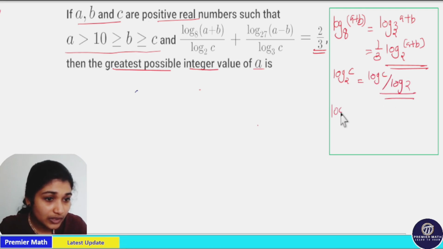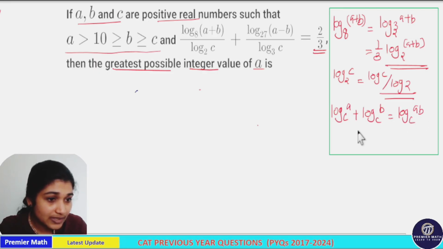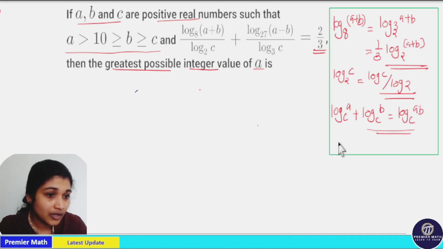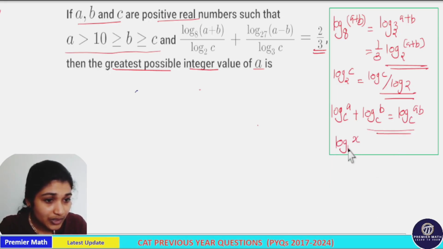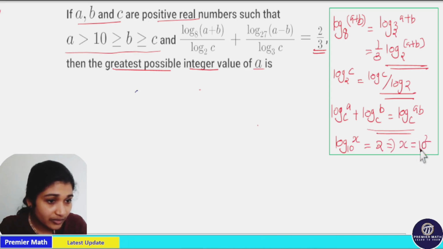Now one more thing, log A to the base C plus log B to the base C is equal to log AB to the base C, same base. Also, log x to the base 10 equal to 2, I can write it as x equal to 10 square.